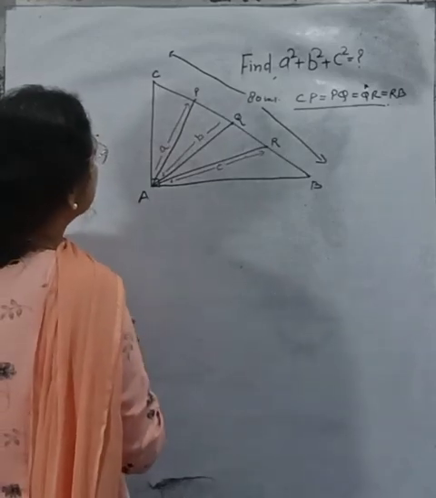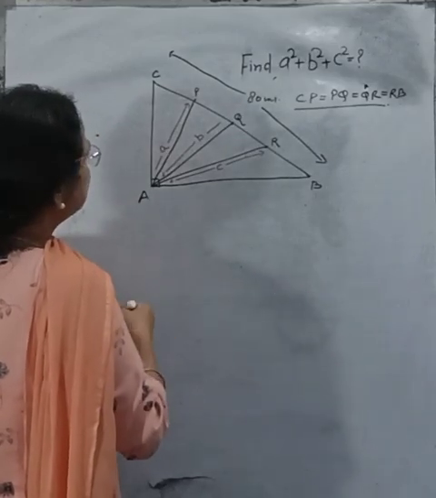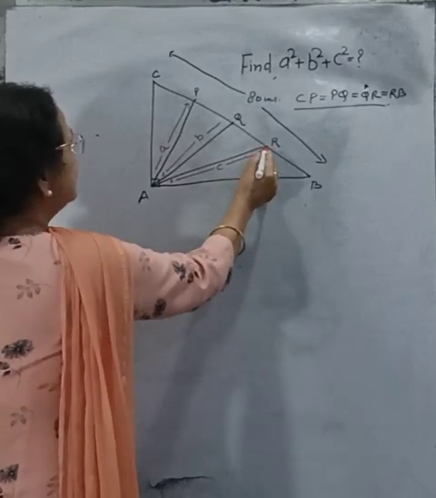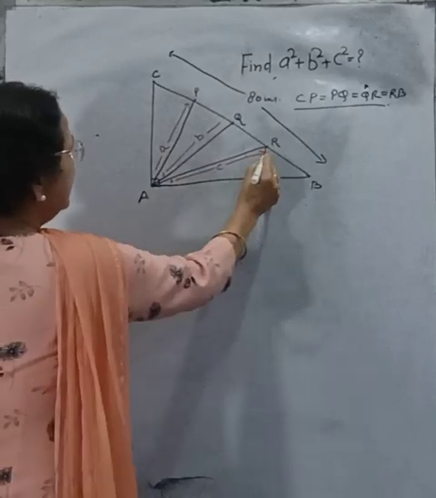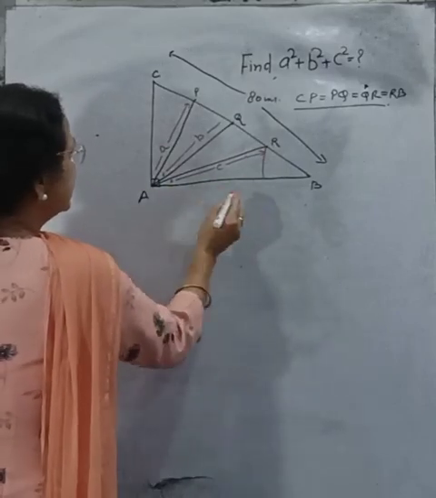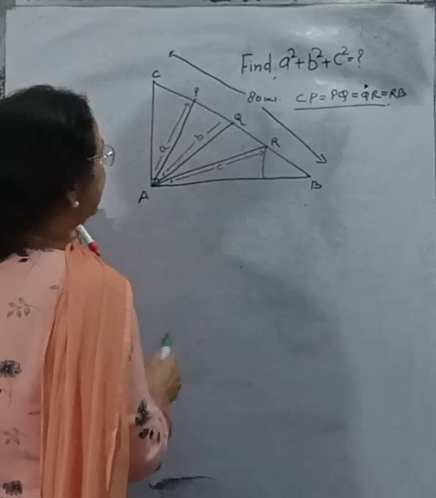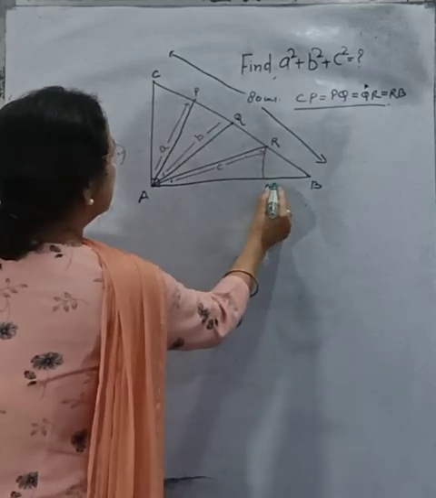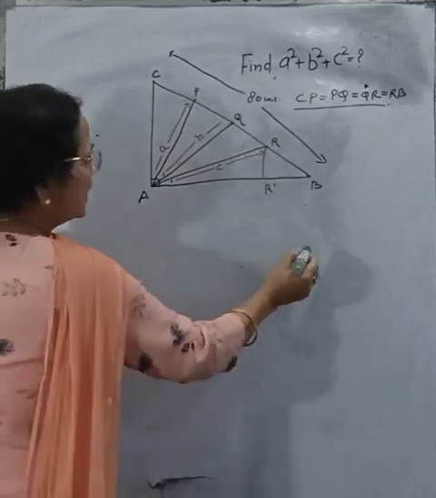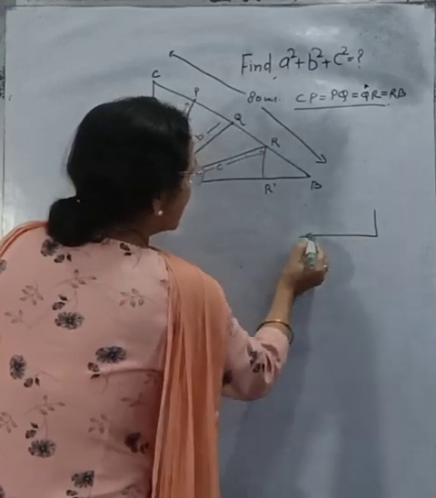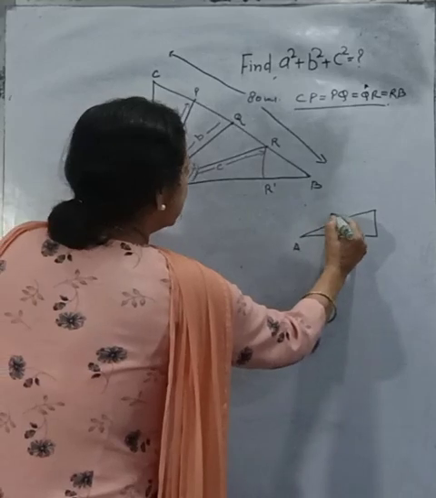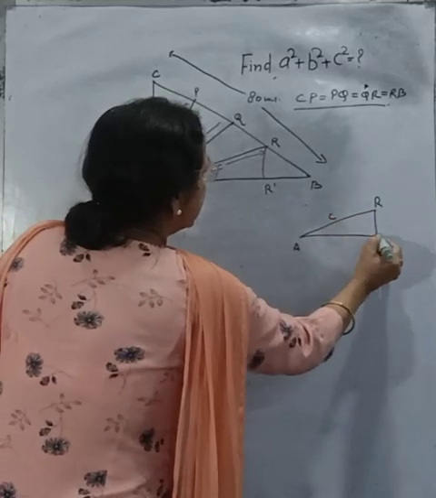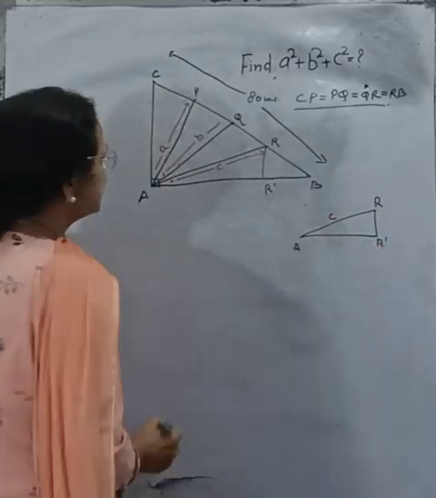We can do it in this way. Let us drop the perpendicular from point C on AB. This will be a right angle triangle. Let us suppose this point is R dash. This is point A, this is C, this is R and this is R dash.